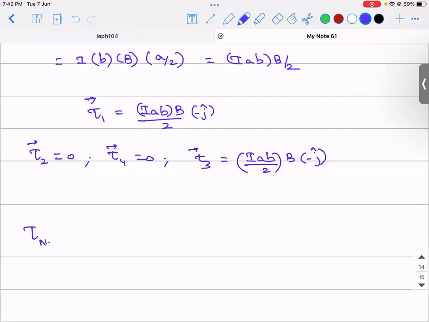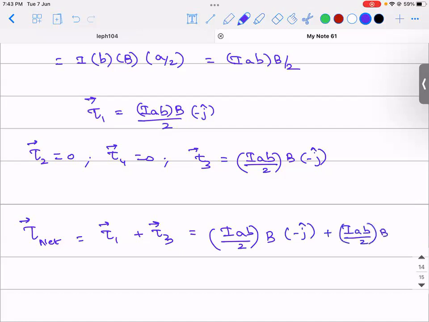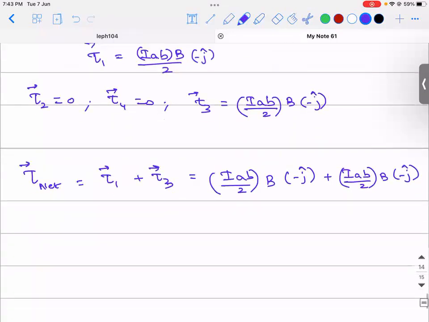So the net torque acting on the system will be equal to torque 1 vector plus torque 3 vector. So what is torque 1? IAB by 2 into B with a minus J cap plus IAB by 2 into B with a minus J cap. So what is going to be the net value? IAB into capital B, the whole thing in the direction of minus J cap.